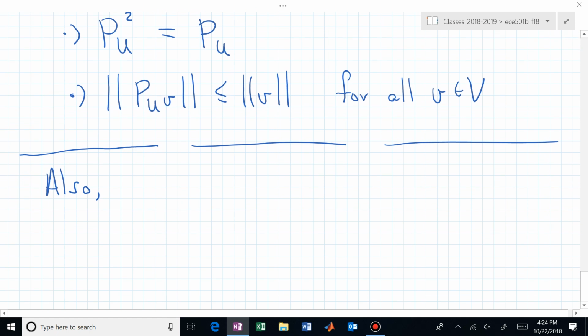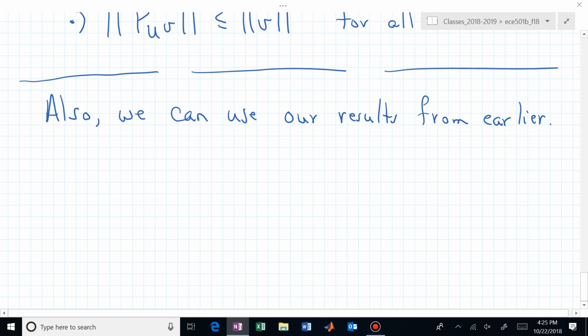We can also actually create this projection fairly cleanly. And it's by using the orthogonalization material that we've learned. So also we can use, let's say, our results from earlier.